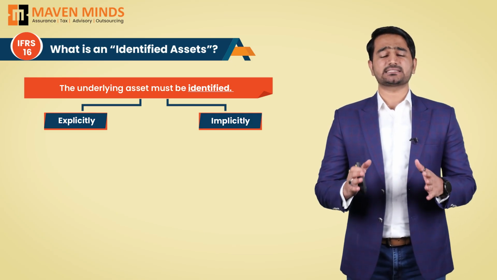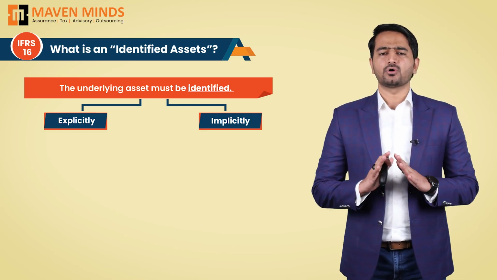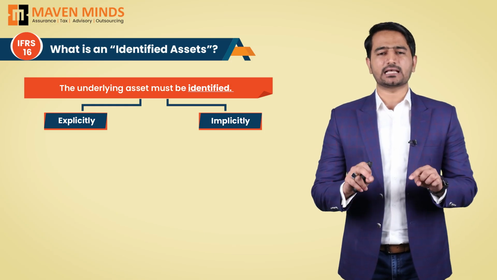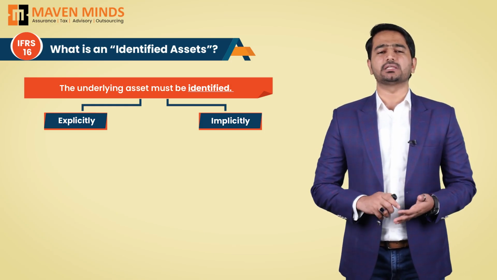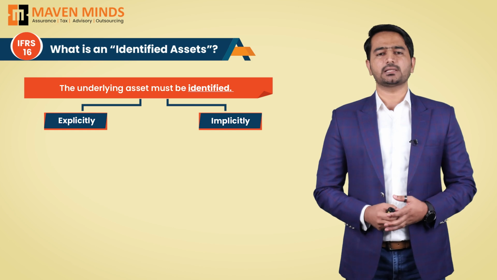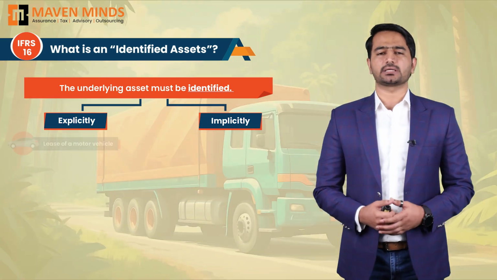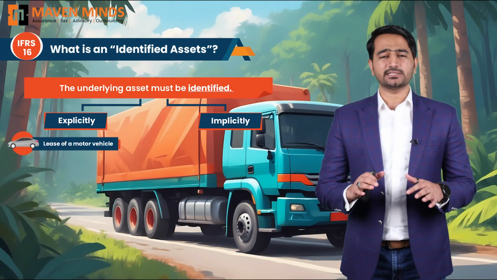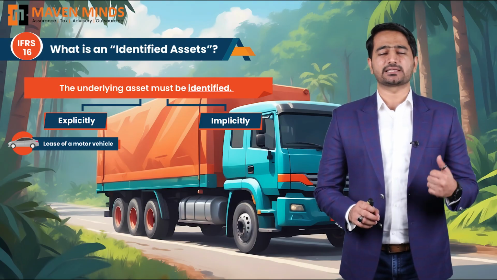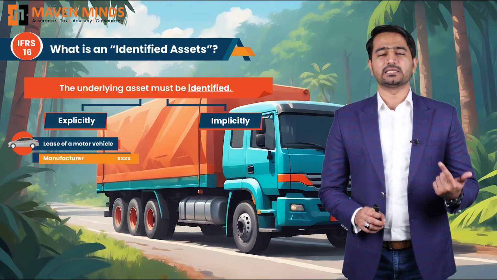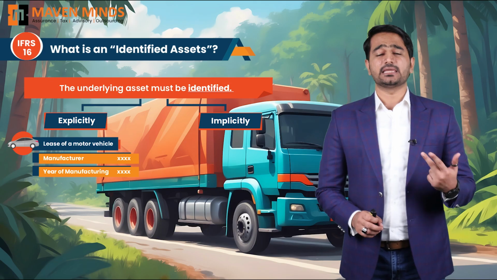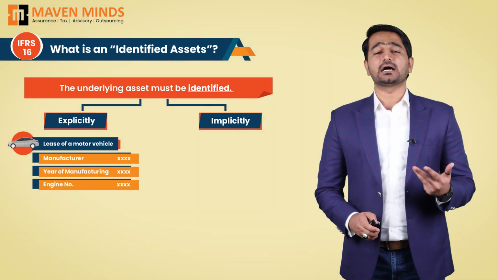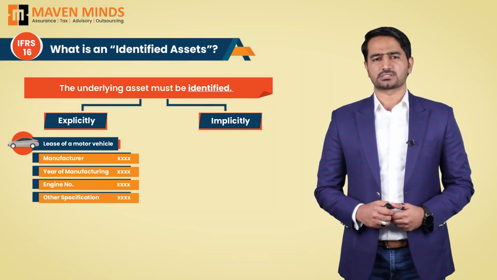When an asset is explicitly identified, all the details about that asset are clearly mentioned in the contract. For example, if you lease a motor vehicle, the contract might include specific details like the manufacturer, the year of manufacturing, the engine capacity, and the other important specifications.